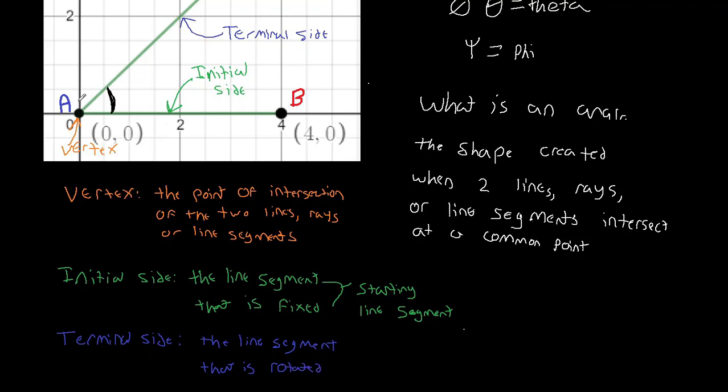Again, this has to do with how we measure the angle. We start here and then we rotate to here. So in other words, this is the ending line segment.